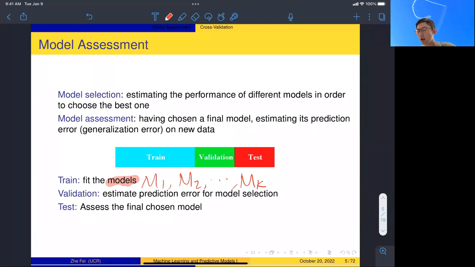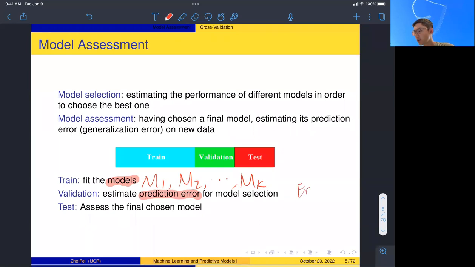Then, separately, on the validation portion of your data, you evaluate all these different models, M1 through MK, to get a so-called prediction error that is unbiased, evaluated on your validation data set.